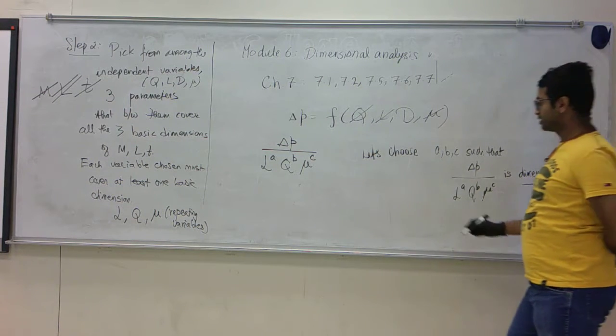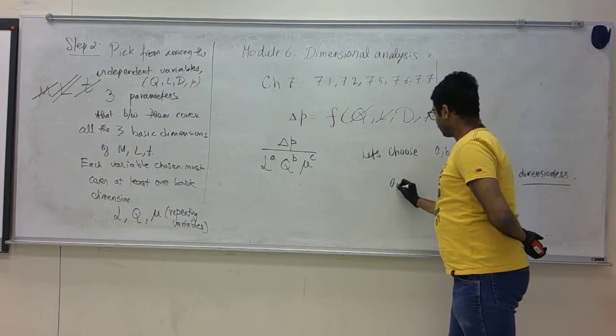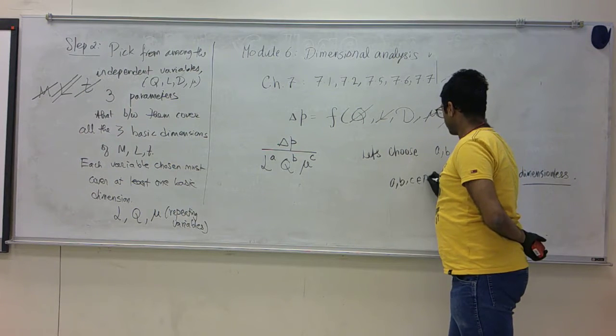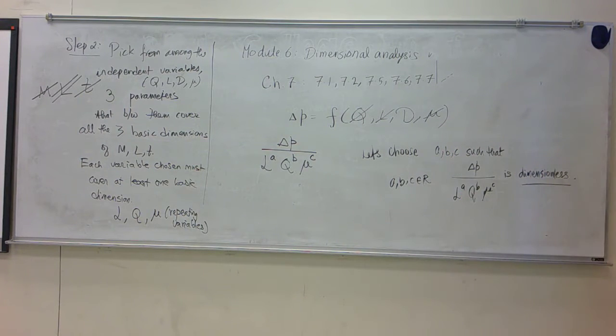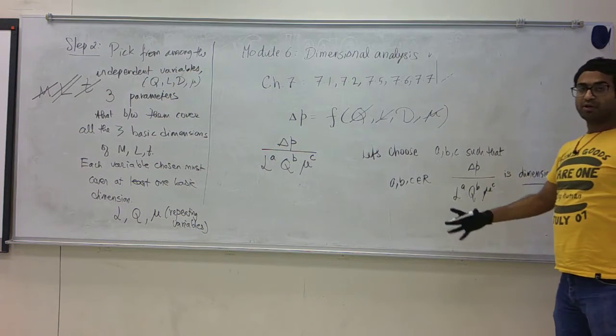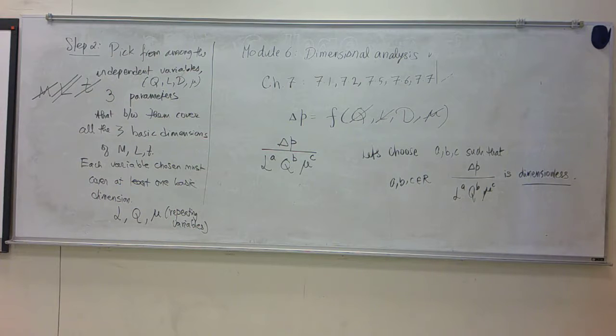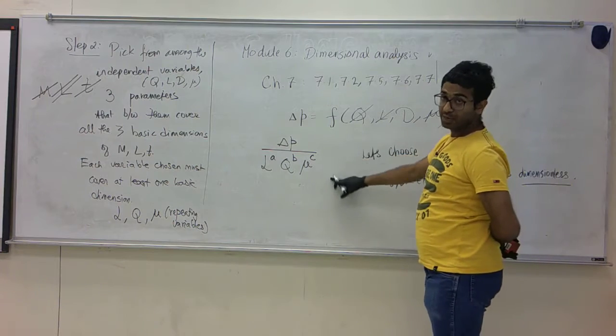A, B, C are real numbers. They can be positive, negative, usually they are integers, but we'll say they are real numbers. So we want to choose A, B and C such that this ratio itself is dimensionless.